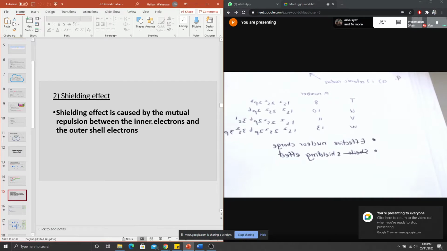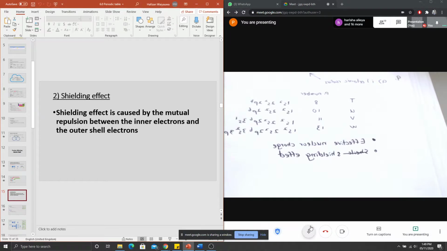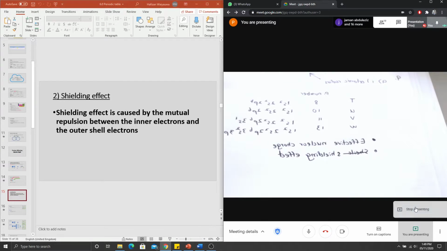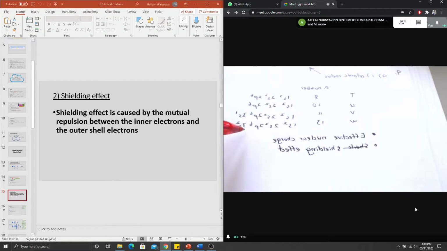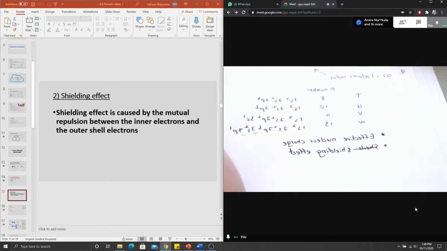Shielding effect is caused by the mutual repulsion between the inner electrons and the outer shell electrons. In general, the higher the principal quantum number, the higher the shielding effect.